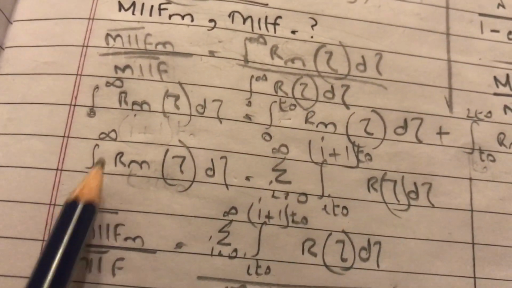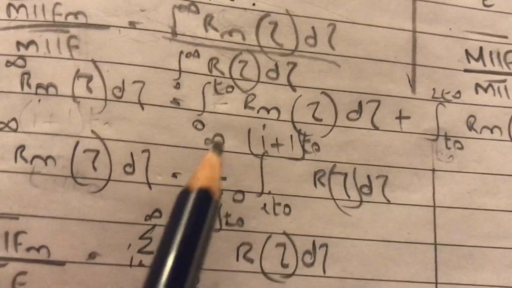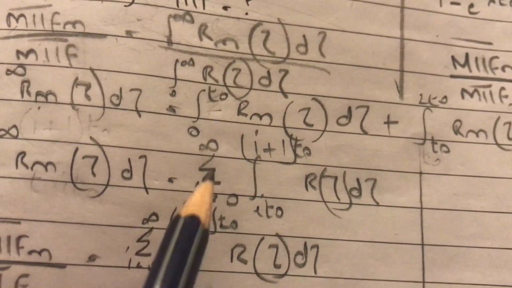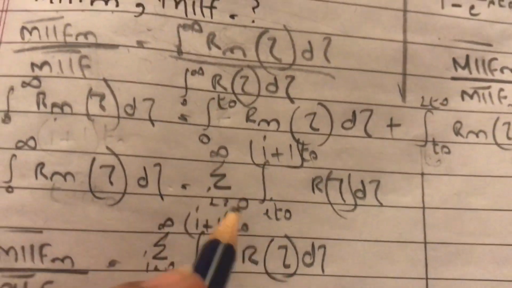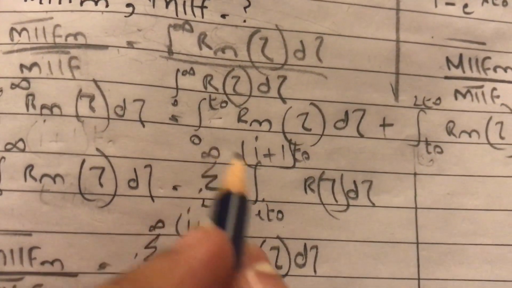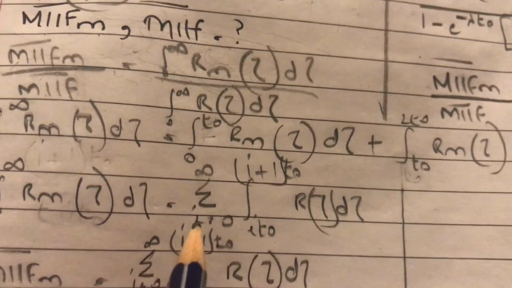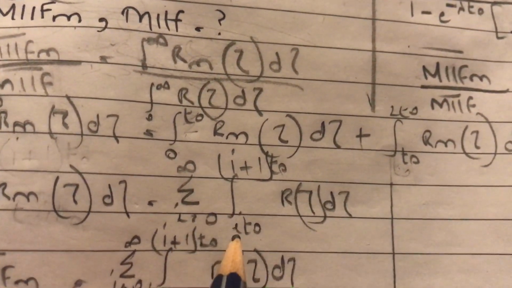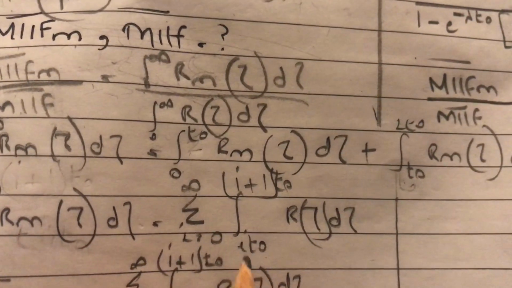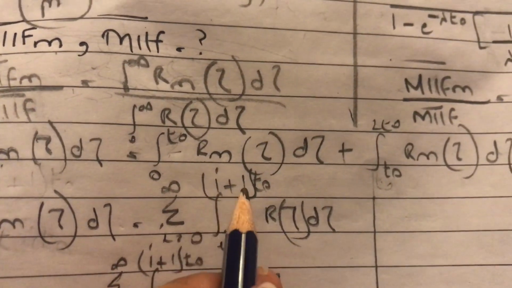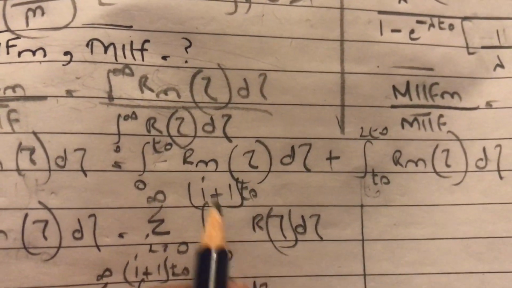Okay, and we have another i, so i would also be written here. It is the sum, that is, i is the sum going from 0 to infinity, and we have the limit from i t0 to (i plus 1) t0.